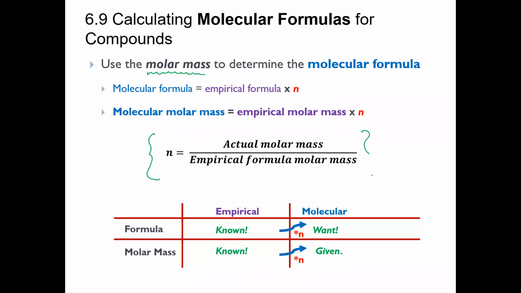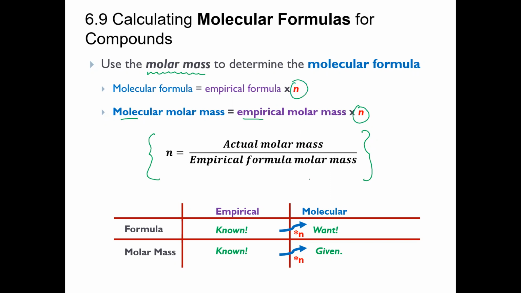We can find this scaling factor to convert between our empirical and molecular formulas. Remember, our empirical formula is just scaled down from our molecular formula by some whole number. Right? With the molecular formula, we can look for any common factors in our subscripts and scale down by that common factor. That's that number n.